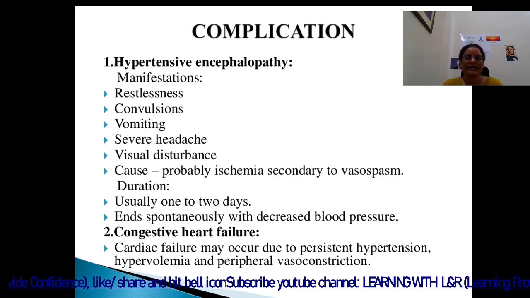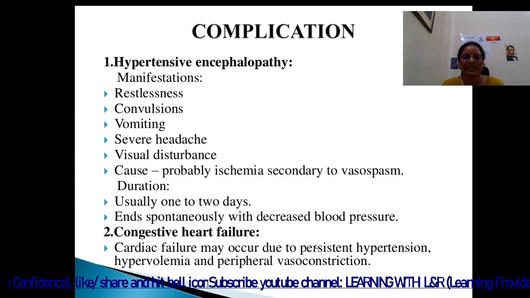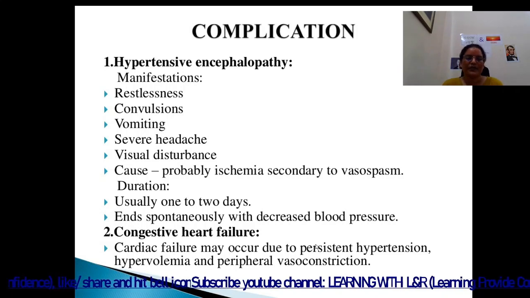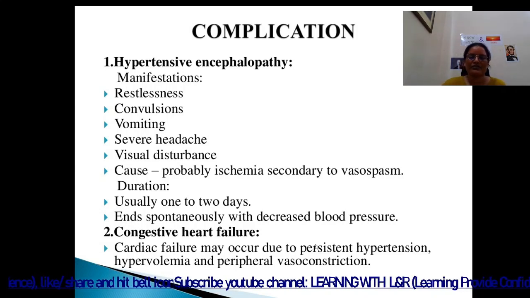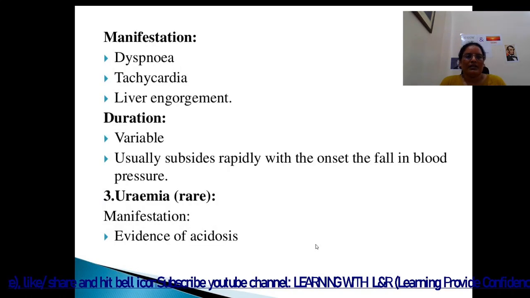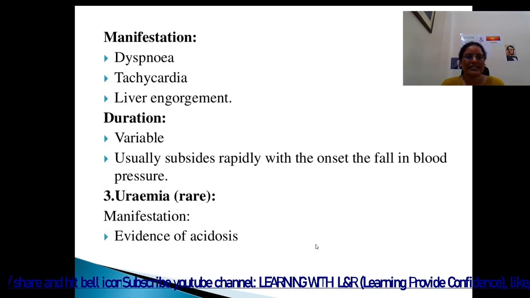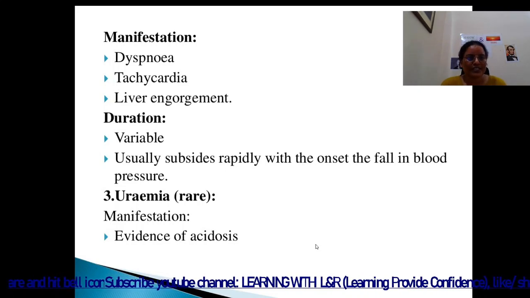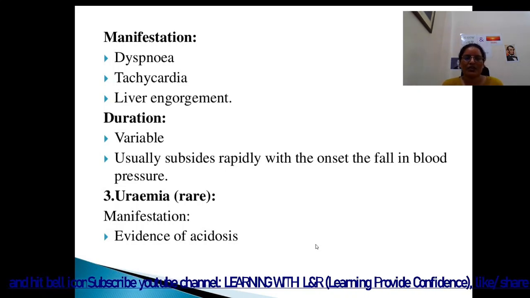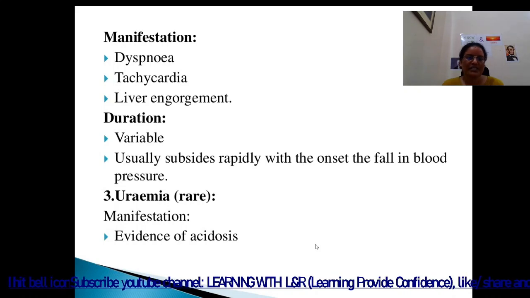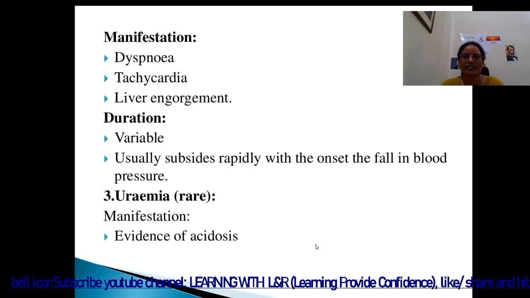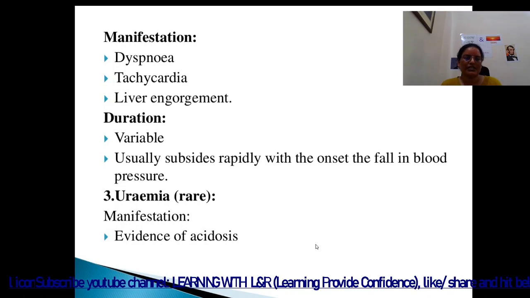Congestive heart failure: cardiac failure may occur due to persistent hypertension, hypervolemia and peripheral vasoconstriction. Manifestation: dyspnea, tachycardia, liver engorgement, duration variable according to the condition of the patient, usually subsides rapidly with the onset of the fall in blood pressure.